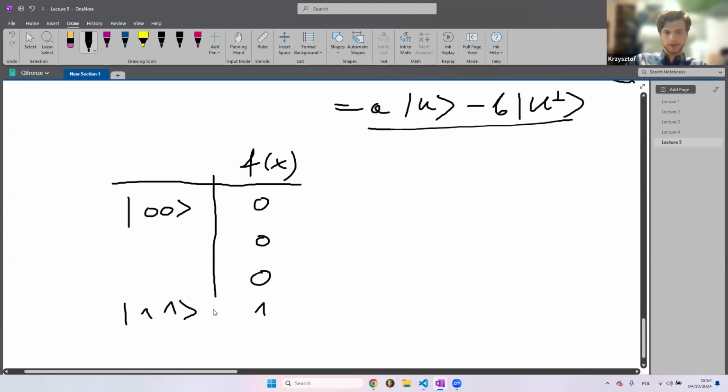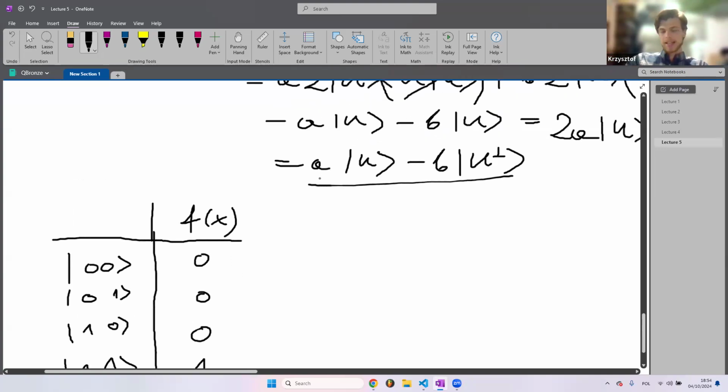Let's assume we have such a function, but we don't know what this function is. So we actually don't know this table, but for the sake of simplicity and understanding, we assume that we know it.